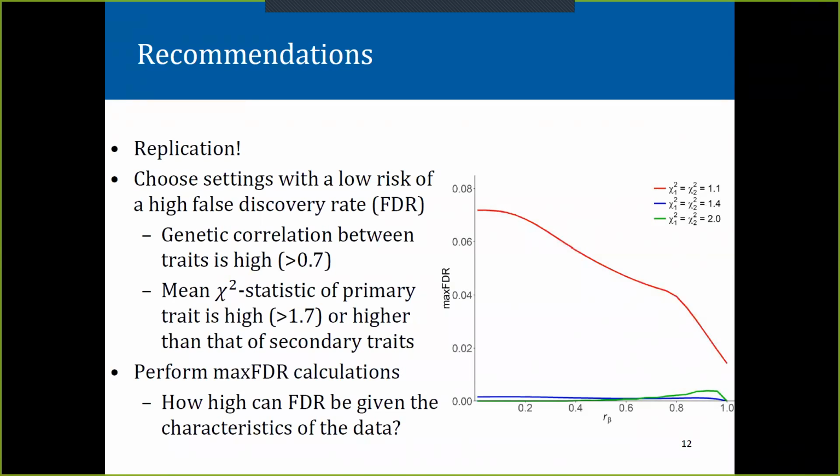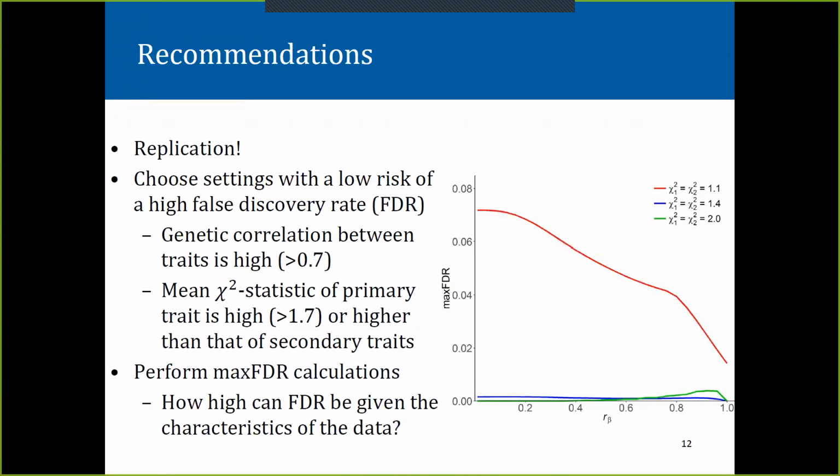Another important thing is that the consequences of the violations of the assumptions of MTAG will be more dramatic when the GWAS for the trait that you're interested in is low powered, and you're jointly analyzing it with other traits that are highly powered.